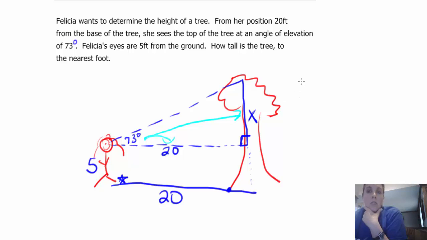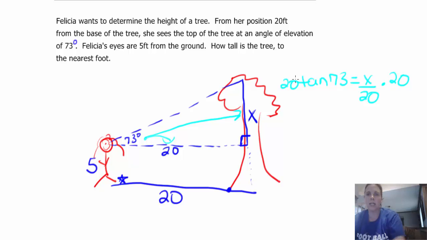So we're going to use tangent. So tangent of 73 equals x over 20. So again, from here we solve for x, we multiply by 20. Okay, so 20 tangent 73 is 65.42, we'll say, feet.